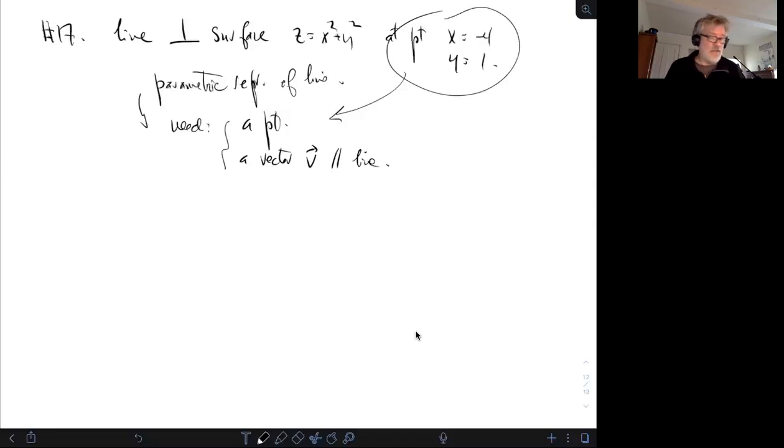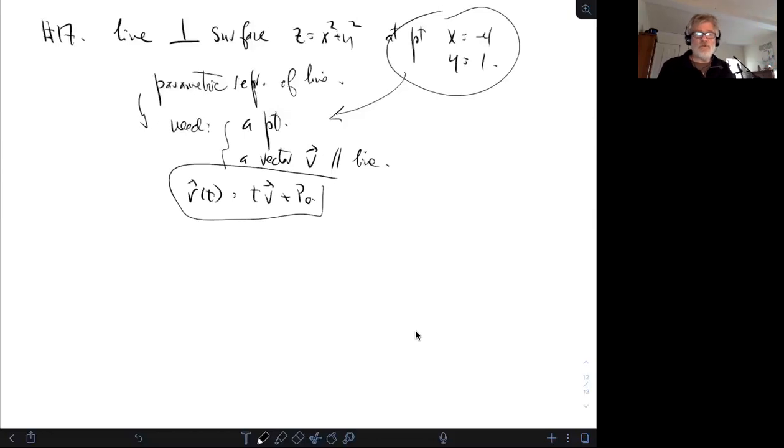And once I have these, then my r of t is t v plus P0, right? That's from the first couple of weeks, okay? The point should be easy because they give me x and y. I can find z.